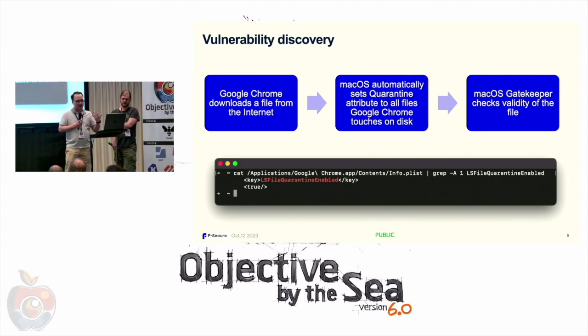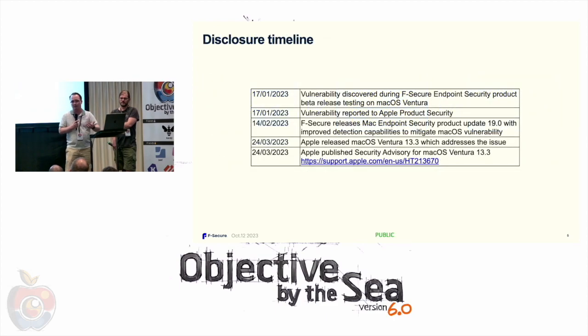What happened in our discovery is that we noticed that the second step didn't actually happen. The quarantine attribute was not assigned to a file downloaded by Chrome, which made us curious, and we started to investigate. We initially reported it to Apple earlier this year.